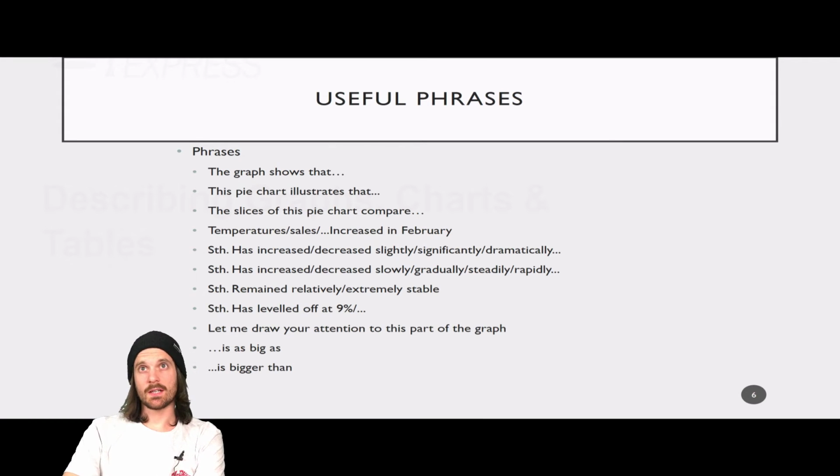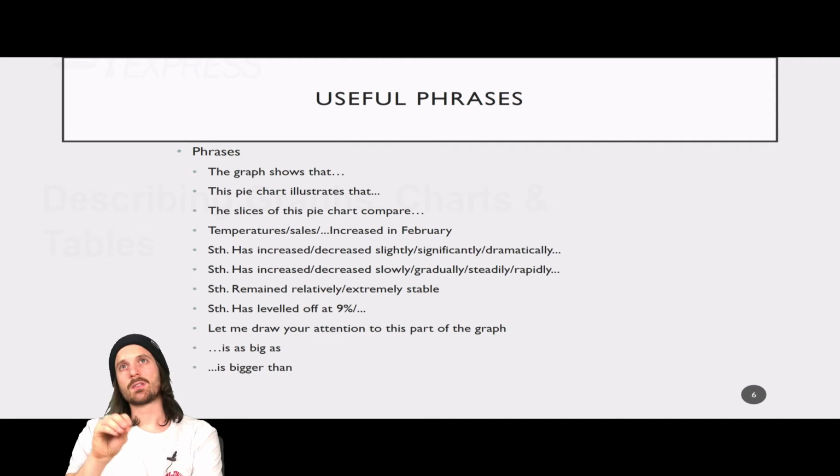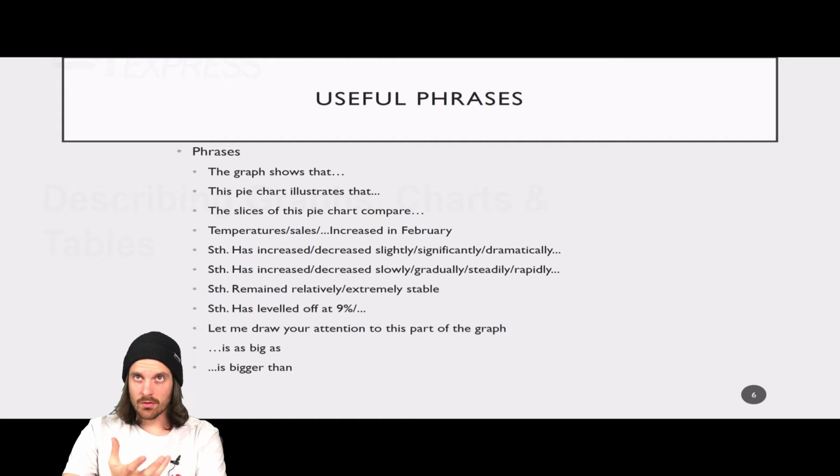So the graph shows that, this pie chart illustrates that, the slices of this pie chart, blah, blah, blah, compare something. Something remained relatively extremely stable, for example. So the usage of adverbs here is, I think, very important, since it makes a good impression if you're able to use adverbs in the correct way, of course.